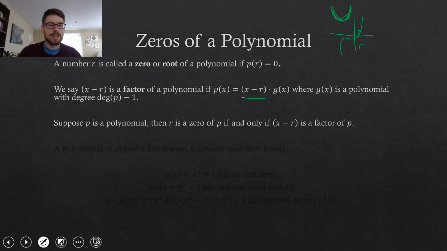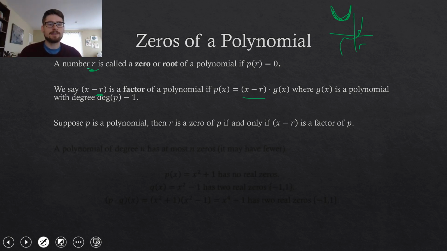And then here's the link between these two. And I used r for a reason in both of these. And this is because r is a 0 of p if and only if x minus r is a factor of p. So what this is saying is that a factor is a 0.